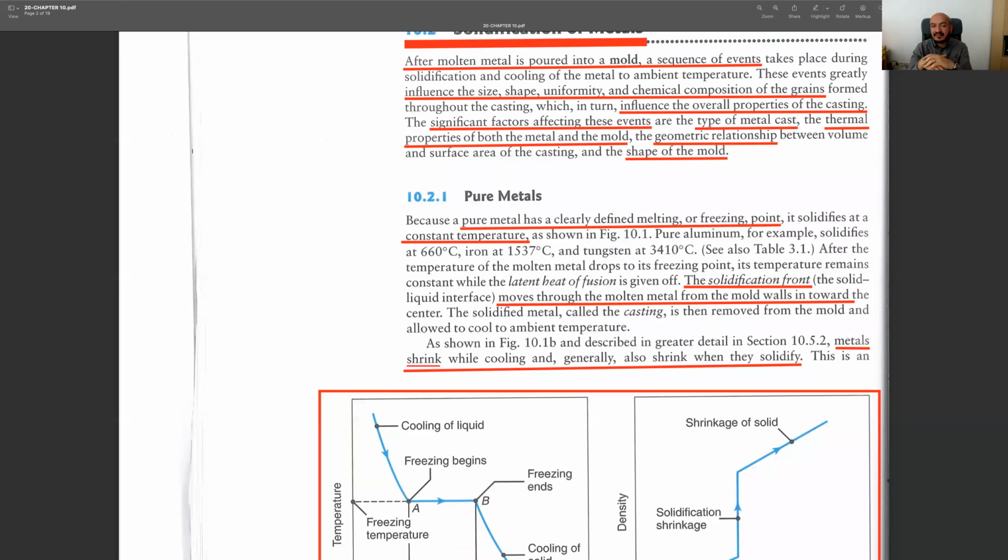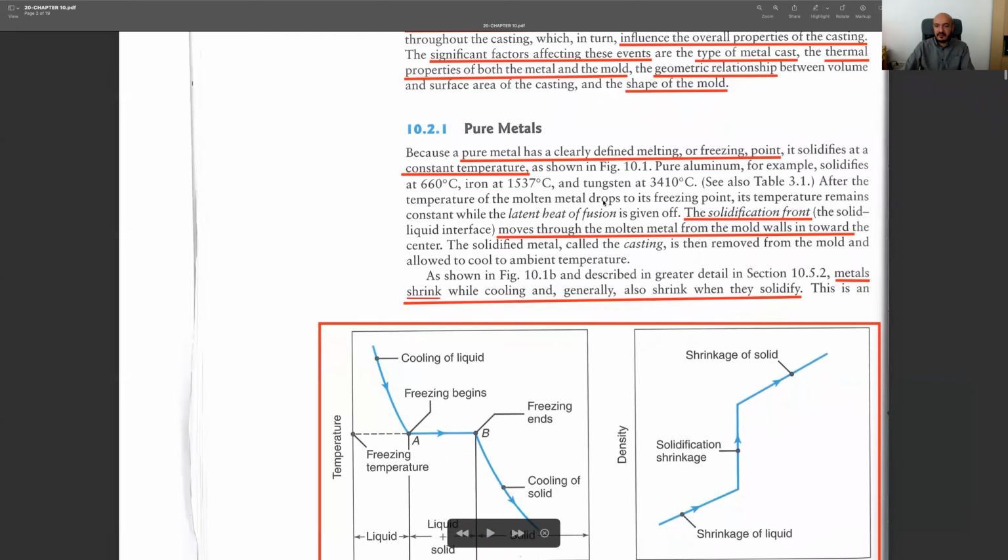It directly affects the solidification time. We will see that there is a simple relationship between the volume and area, which directly affects the solidification time. And lastly, the shape of your mold and its complexity obviously affect the quality of the casting process.